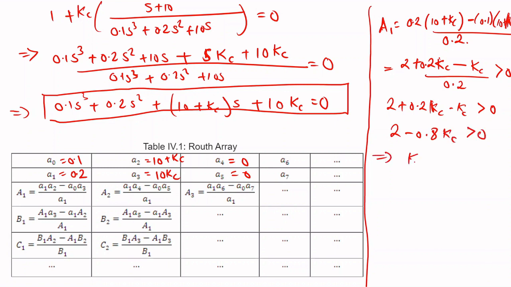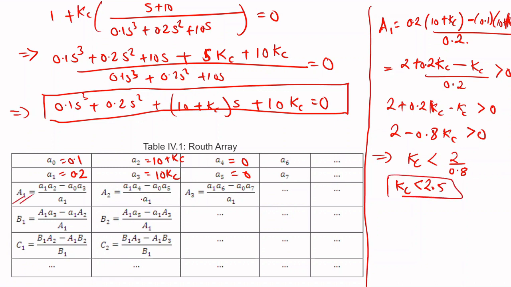So from here we will be having the value of Kc as less than 2 upon 0.8. The value of Kc should be less than 2.5. So we have this value.